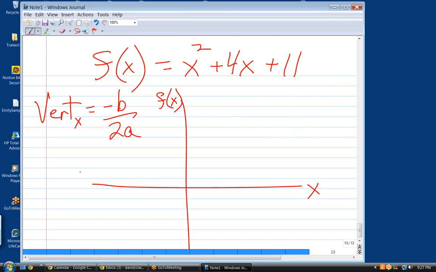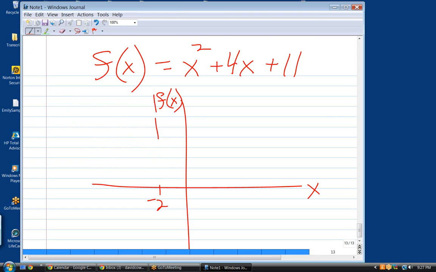So let's figure out what the x-coordinate is. Negative b is negative 4, over 2, so negative 2. Our line of symmetry goes right down negative 2.